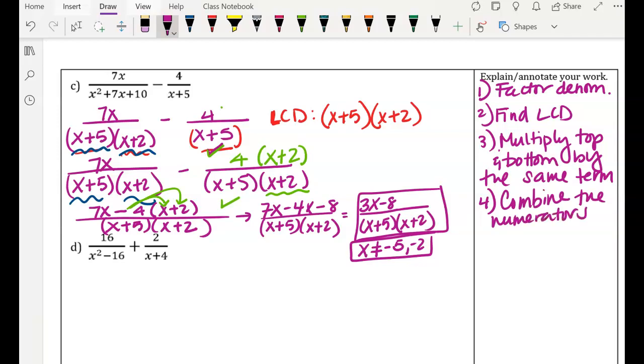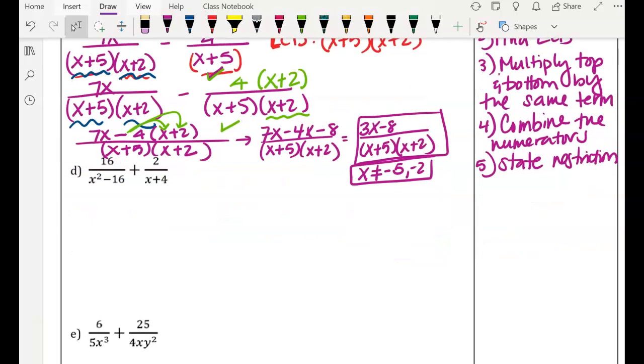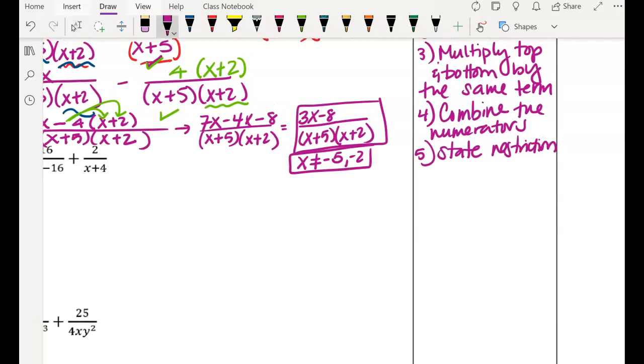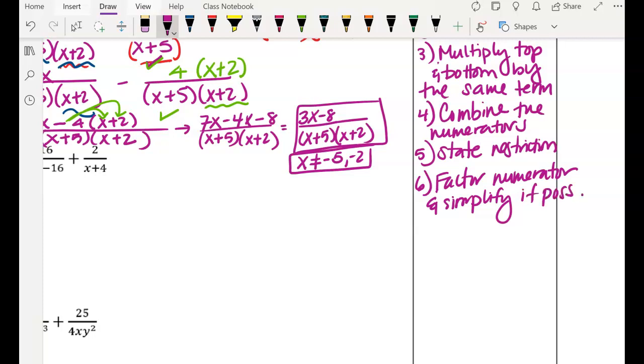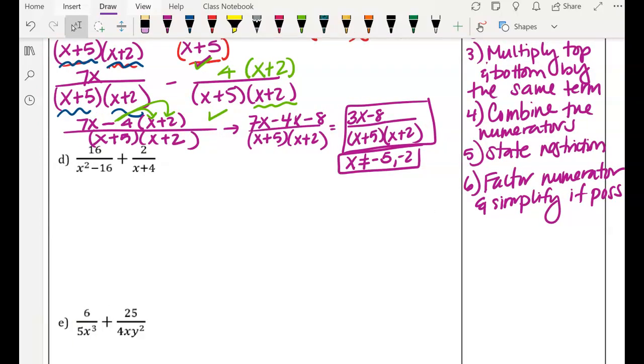We have two in this case, so we combine both numerators. Step number 5, state restrictions. Now we always check to see if the new numerator after you combine is factorable to reduce. So 6, factor numerator and simplify if possible. Simplify is the same thing as reduce, okay, if possible. So as you can see, all the steps are very similar to one another.